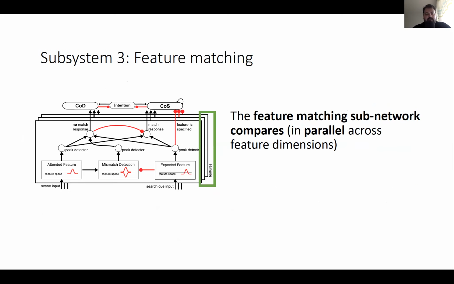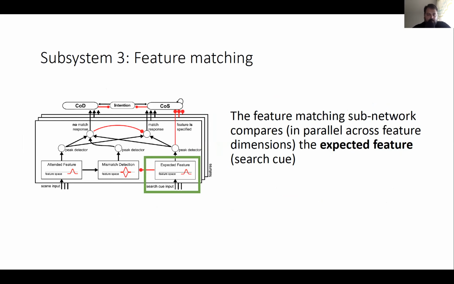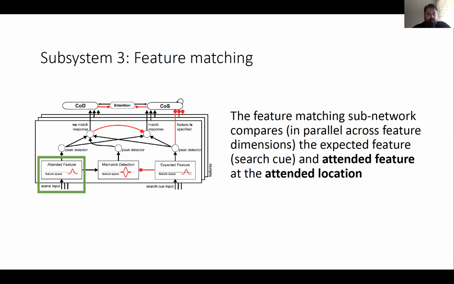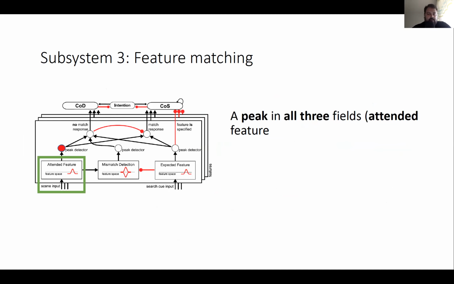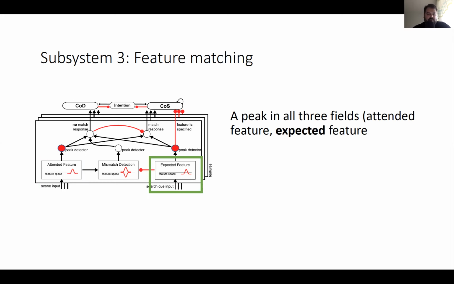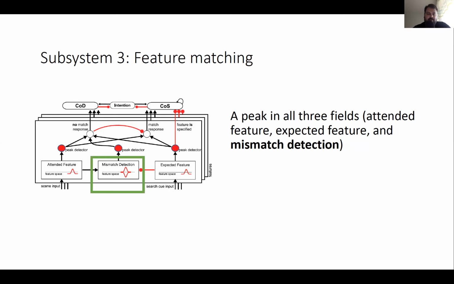The third subsystem is the feature matching subsystem, and this compares features in parallel across all feature dimensions. So we have the expected feature from the search queue, and we have the currently attended feature at the attended location. Let me go on to the mismatch detection; my PC skipped the image.